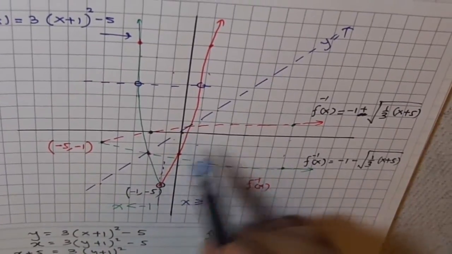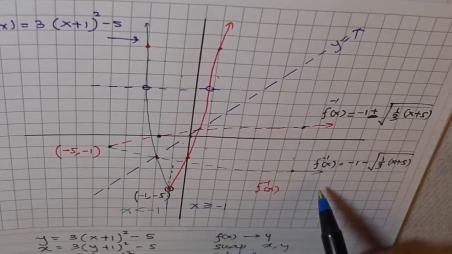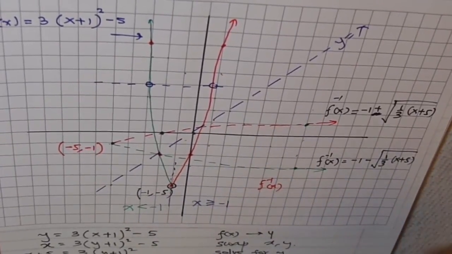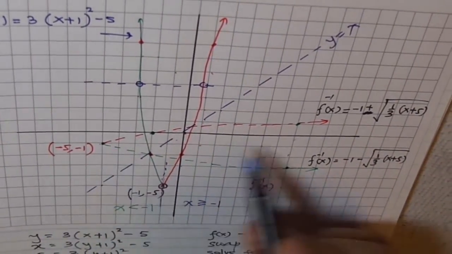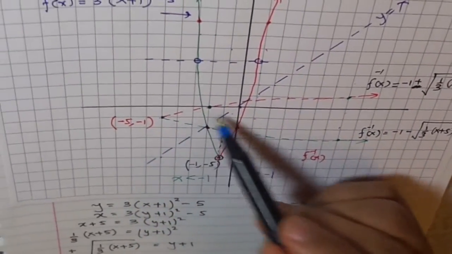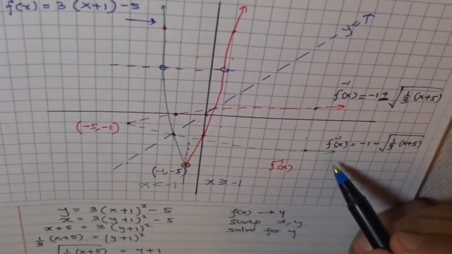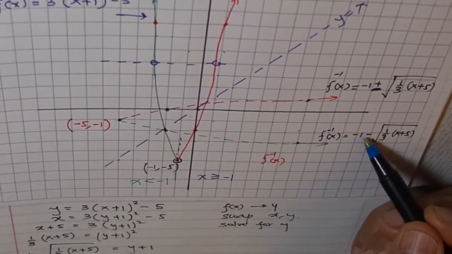In either case, the inverse of a function is also split into two halves, thereby the vertical line test is passed. So if you consider only one half of it, then for the red, you get the red dotted line, and the green dotted line shows you the inverse of a function.